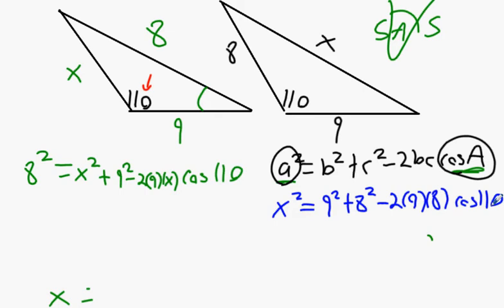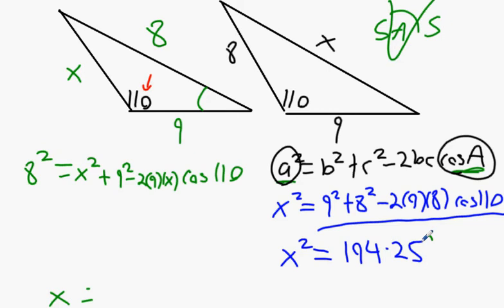Now, the handy thing about a length question using the cosine rule is that you just put all of this straight into the calculator. So if somebody could do that now, just put it all in the calculator. So what do you get? 194.25.